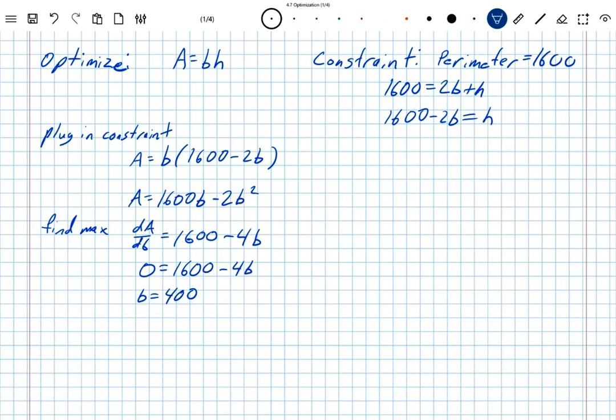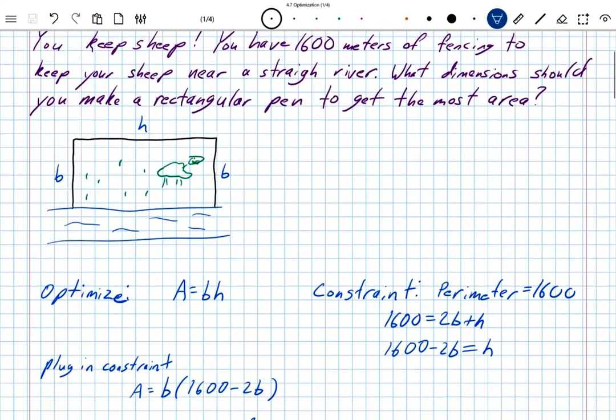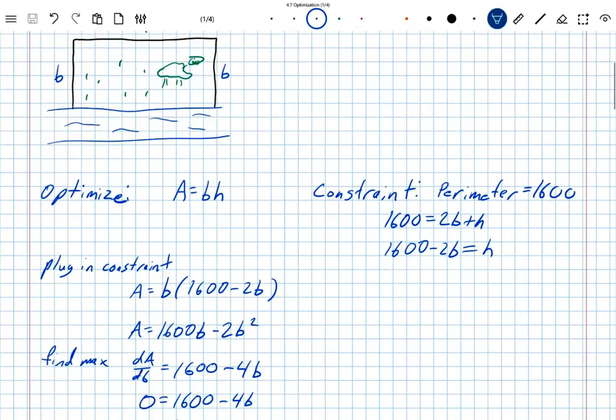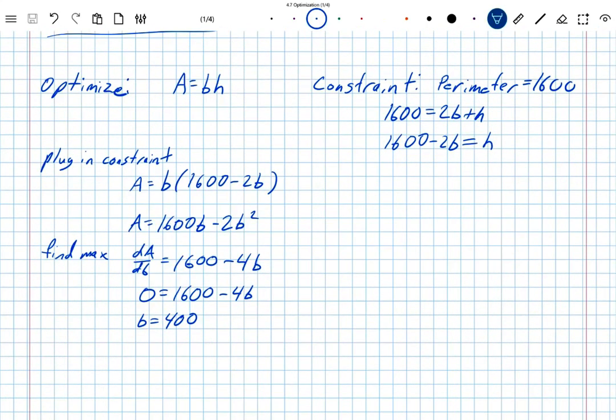At this point, we should probably stop and say, what am I actually being asked to do? And what I'm asked to do is find the dimensions. What dimensions? And so dimensions in this case is going to mean my b and my h. So we're almost done. Let's go ahead and find h. H is equal to, well, h is right here.